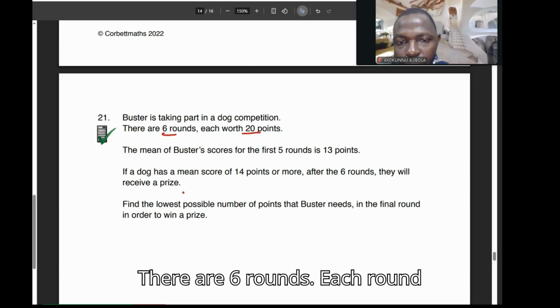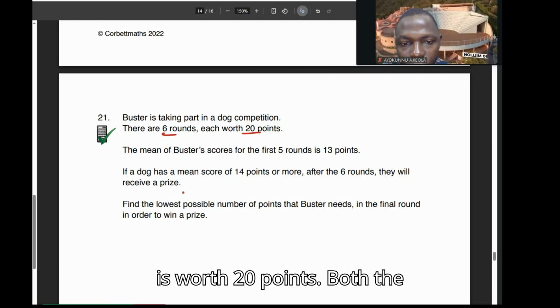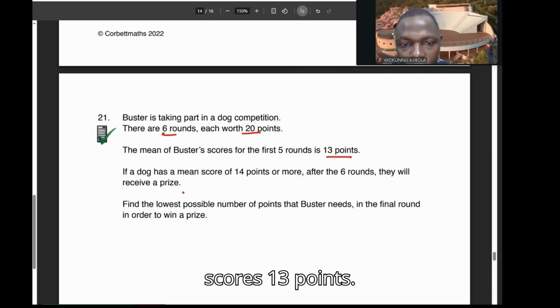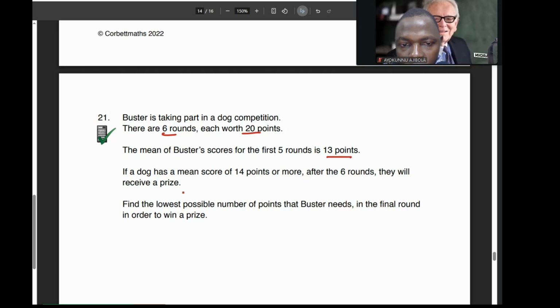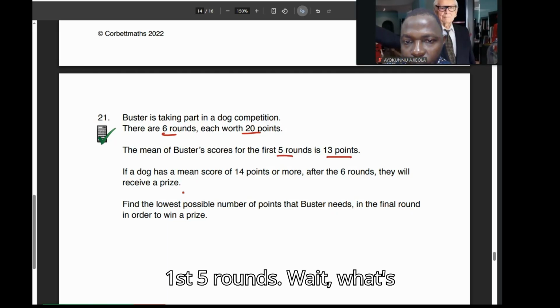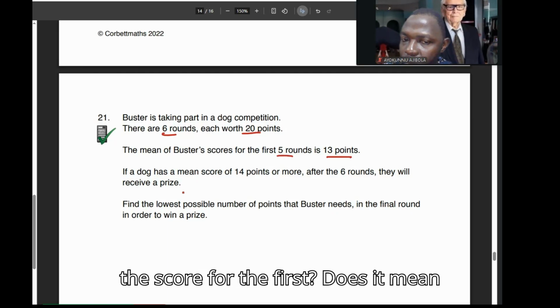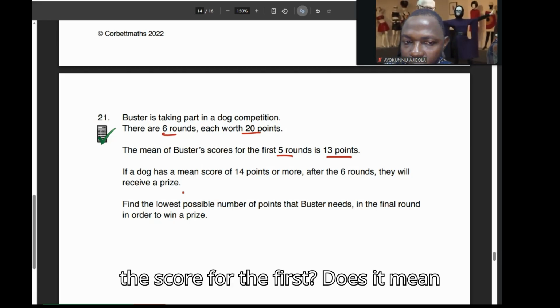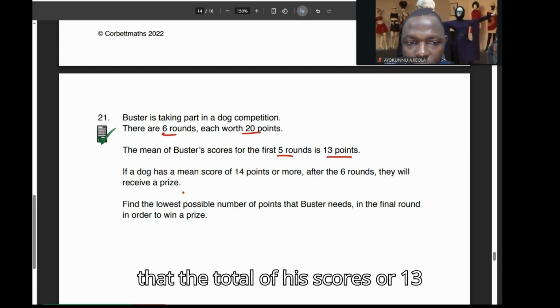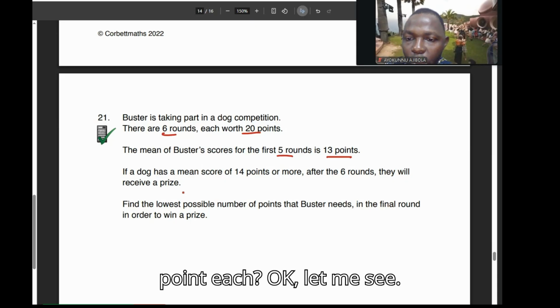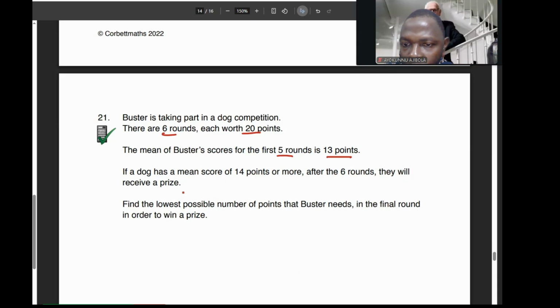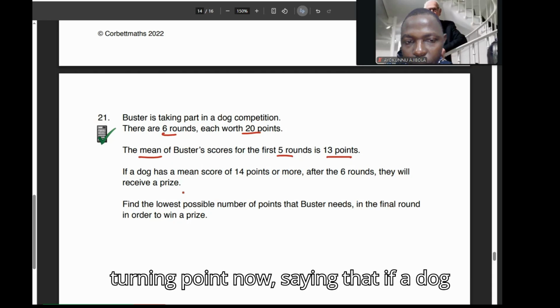Okay, fine. There are 6 rounds. Each round is worth 20 points. Boster scores 13 points in the first 5 rounds. Wait. Does it mean that the total of his scores are 13 points each? Okay, let me see. Boster's mean score is 13 points.